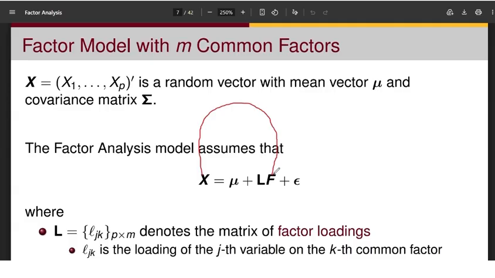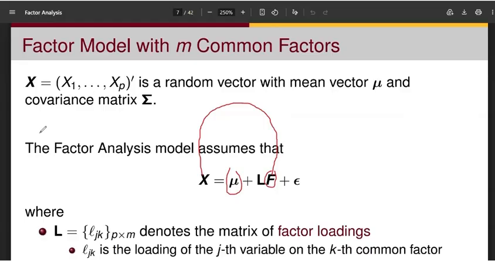The X there is the original, observable features that may be correlating. We're writing that to be equal to the average, because you're going to start from somewhere, and then the hidden factors that we actually want to uncover.